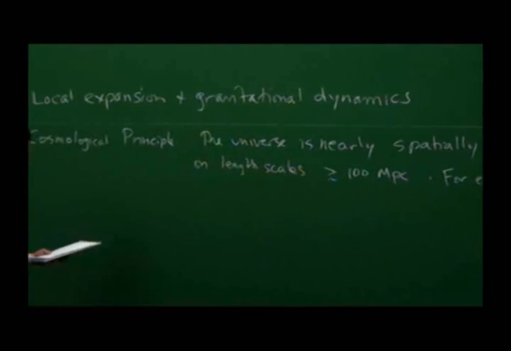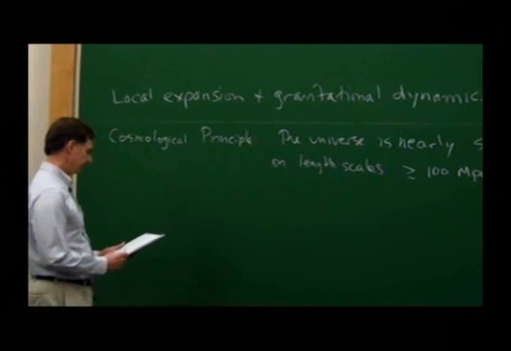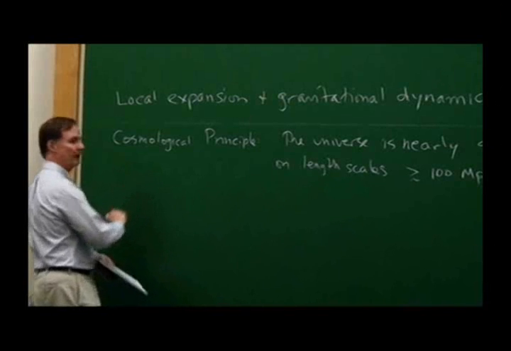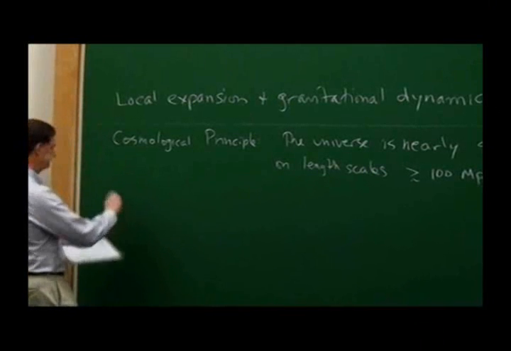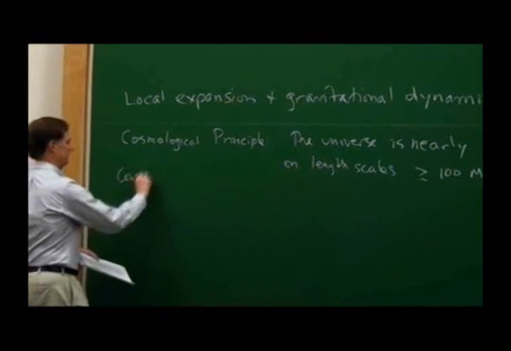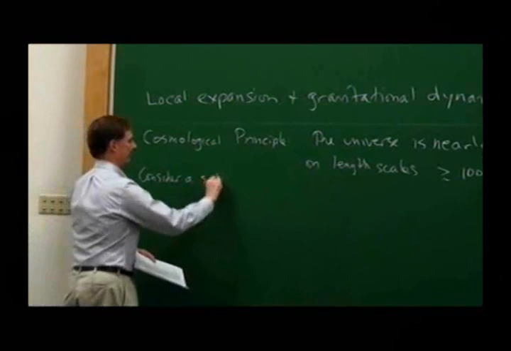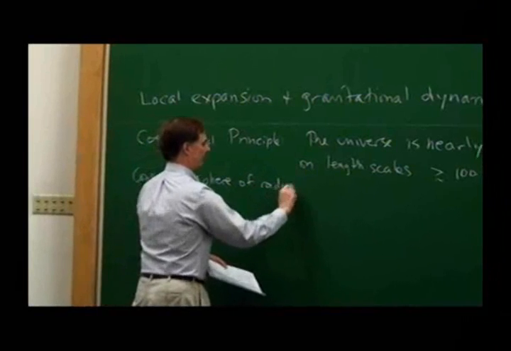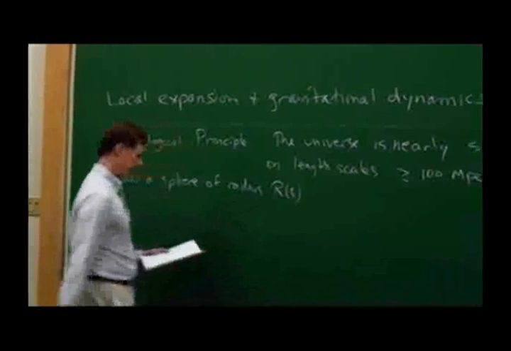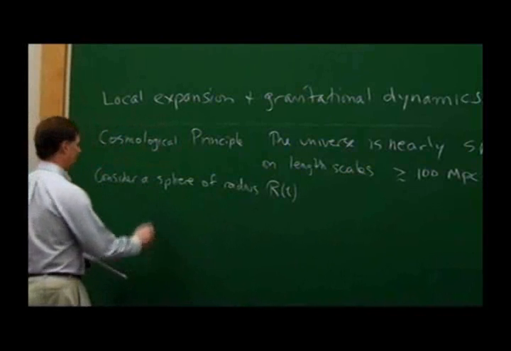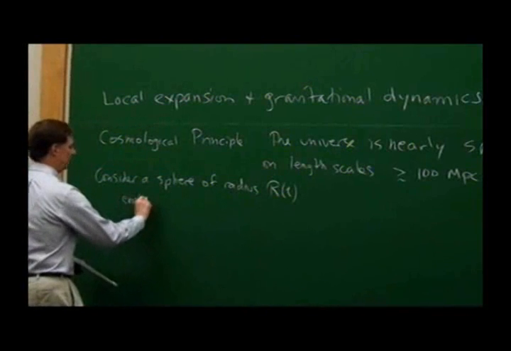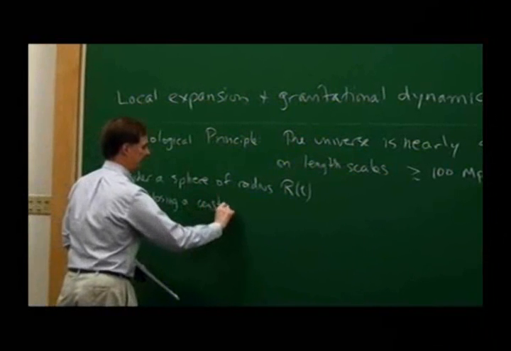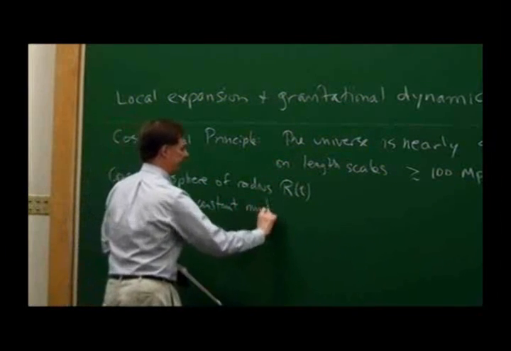Now then, to work out cosmic dynamics from this perspective, I'm going to consider a sphere of radius r with the uniform mass density. And I'm going to let the radius r change with time, such that the sphere encloses a constant number of particles.